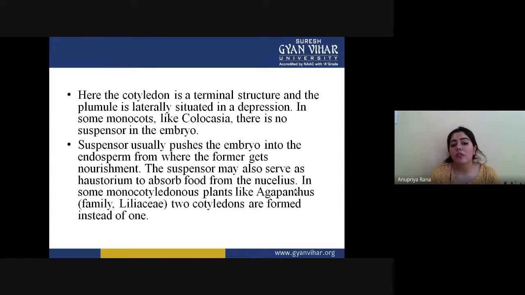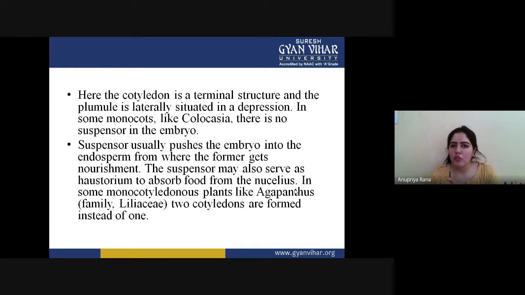So this is a major function of the suspensor inside the embryo sac, that it pushes the embryo. Haustoria may also be formed in the suspensor, or you can say the suspensor also serves as a haustorium to absorb food from the nucellus. So this is the second function of the suspensor. It absorbs food material from the nucellus, and that helps the monocot embryo develop into the further plant.